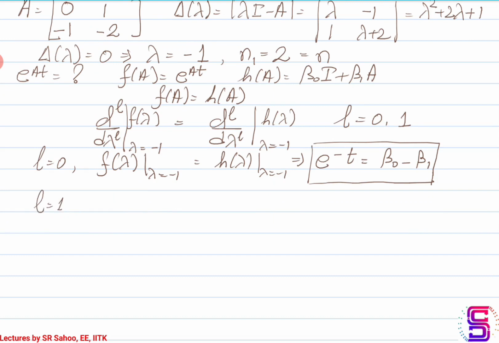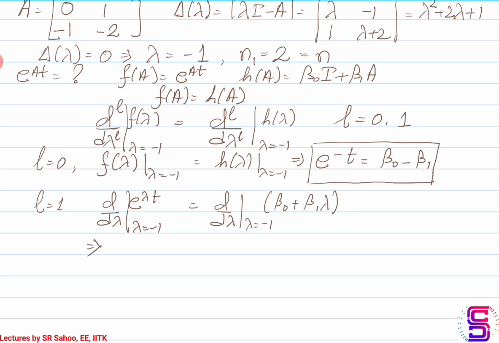For L equal to 1, d by d lambda of e power lambda t evaluated at lambda equal to minus 1 should be equal to d by d lambda of beta 0 plus beta 1 lambda, because h of lambda is beta 0 plus beta 1 lambda.